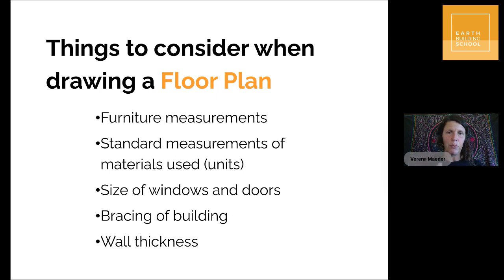And a common thing that happens when you're new to design is that you just draw the walls as lines, and that is not realistic, because the walls have a certain thickness, and it is important that you take that into account when you draw the plan.